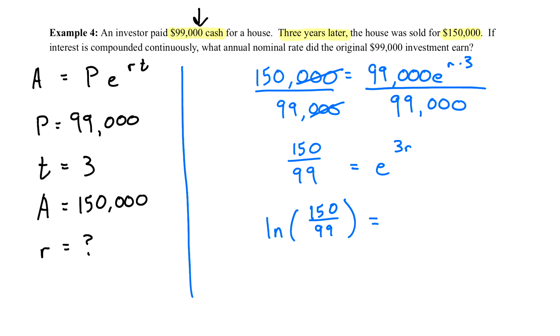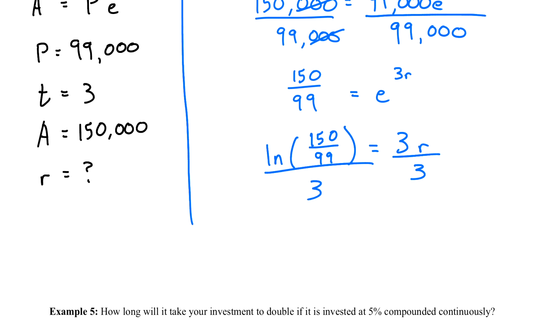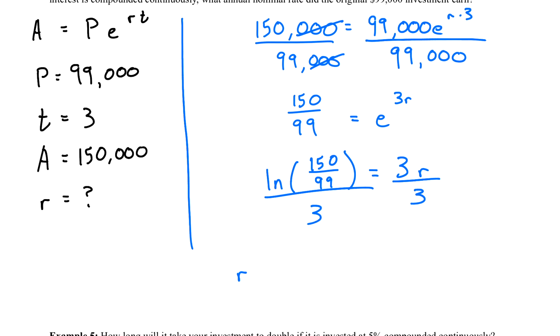They cancel each other out, so I'll just be left with 3r. My last step then to finish up solving for r, if I divide both sides by 3, I end up with r is equal to natural log of 150 divided by 99, all of that divided by 3.